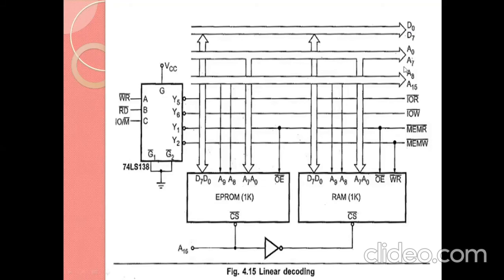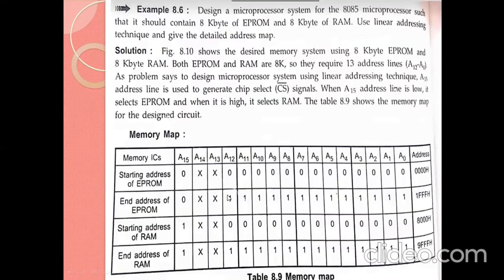When this memory is selected, you have to give the address, and from the microprocessor, data will be stored in the EEPROM. From the RAM, we can read the data as well as write the data. In EEPROM, we can only read the data. So at a time, only one memory will be selected. If A15 is 1, here there is a NOT operation, so it becomes 0, and RAM is selected. If A15 is 0, EEPROM will be selected.